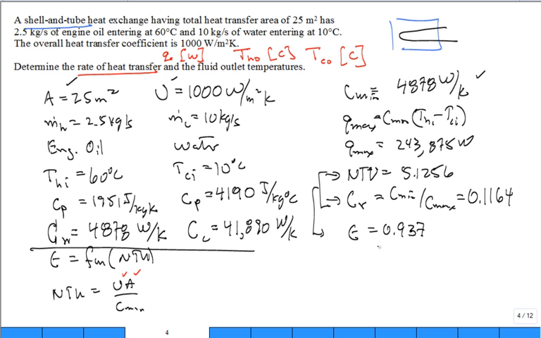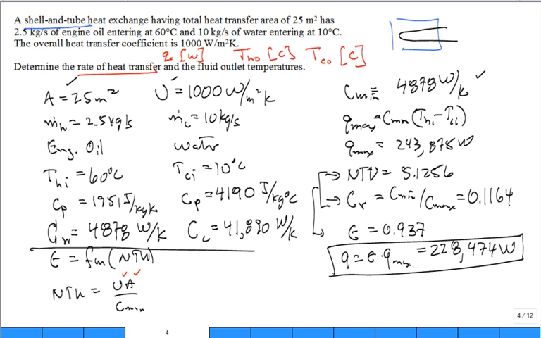So now we can go back, and we had the effectiveness 0.937, and you calculate then the actual Q, the product of the effectiveness times Q max, and we find that it's 228,474 watts, and so that would be the answer for part A, or one of them. And then what about the outlet temperatures?